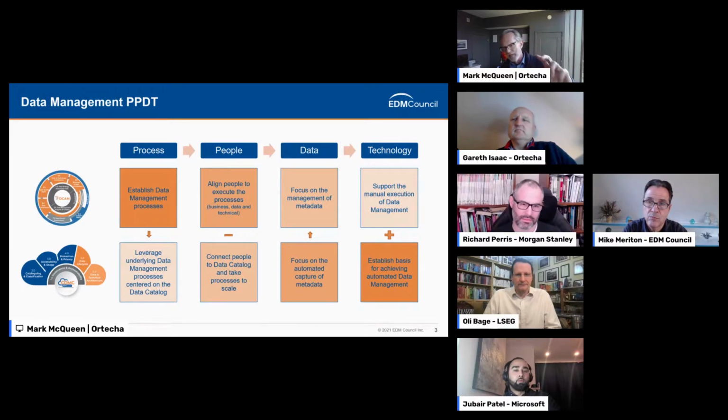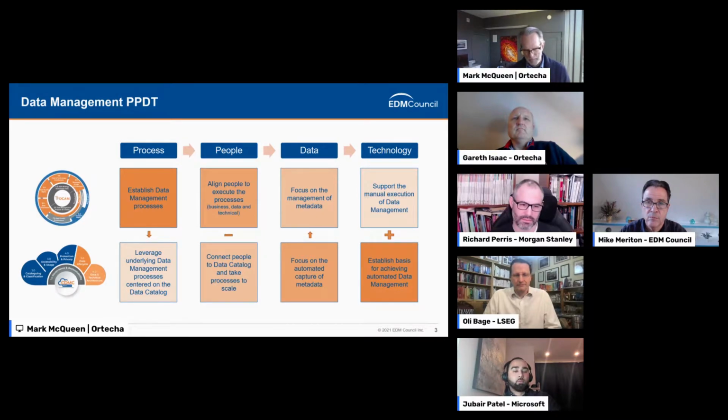DCAM, heavy dark orange here in the process, is really about building out your basic data management processes and then aligning those people to the processes, and then a focus on management of metadata with an overlay of technology that helps you execute those manual processes that you've created in your organization.